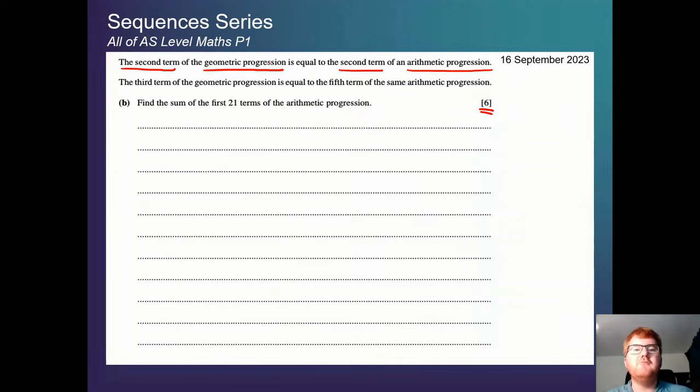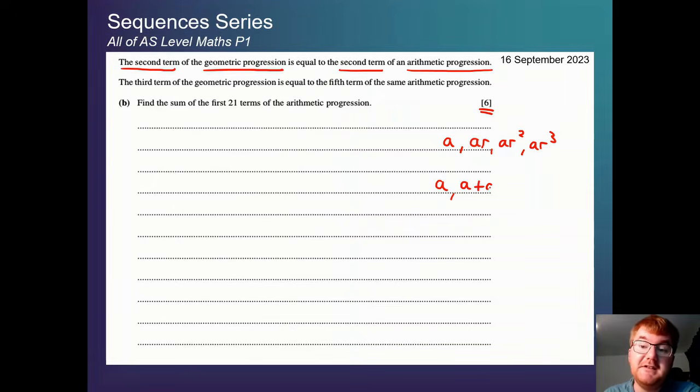Now remember how we wrote out a general geometric progression, A, AR, AR squared, AR cubed, and so on. We can do exactly the same for an arithmetic progression because we're just adding or subtracting each time. So our first term would be A, the second term is just A plus whatever the difference is.